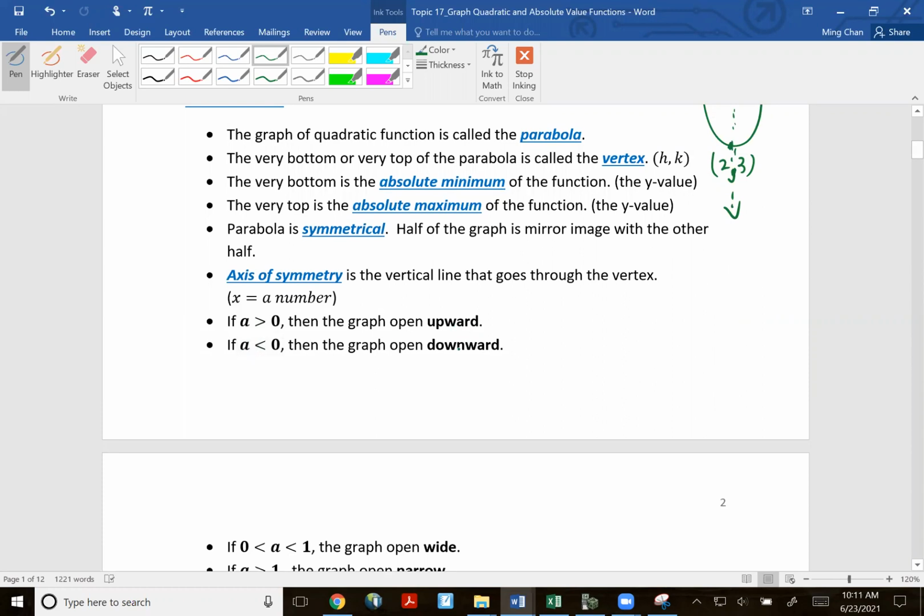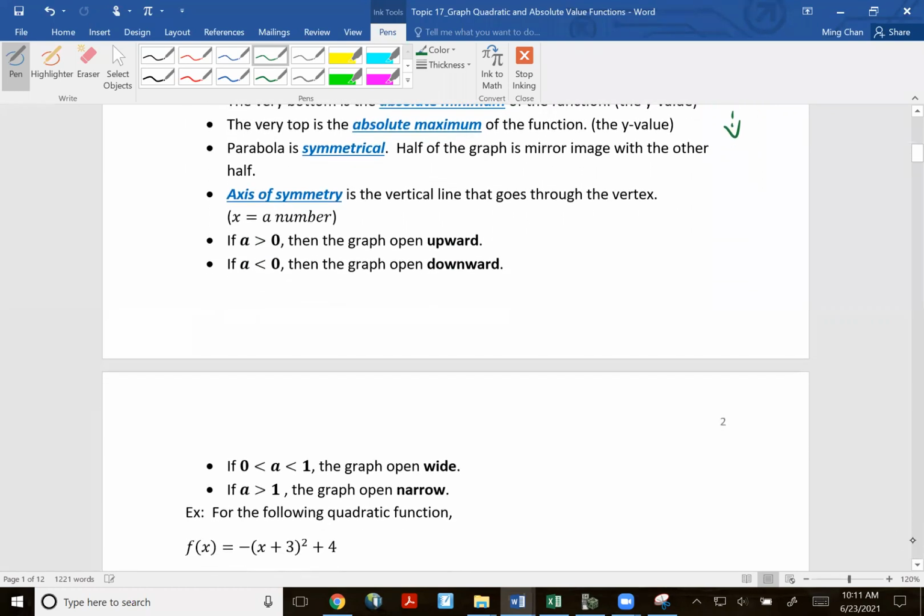If the numerical value of a is between 0 and 1, then the parabola will open wide. Open wide means vertical compress. Open narrow means vertical stretch. So if a is bigger than 1, the graph will appear to open narrow. Here I'm using more generic wording, wide and narrow, but they are the same thing as vertical stretch and compress.